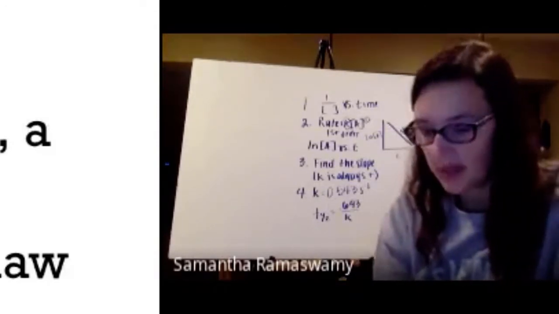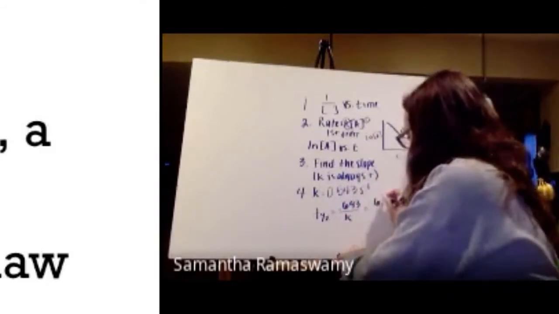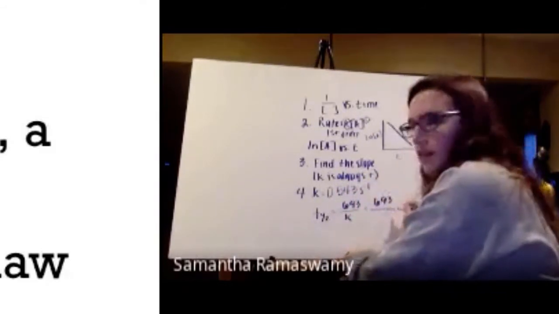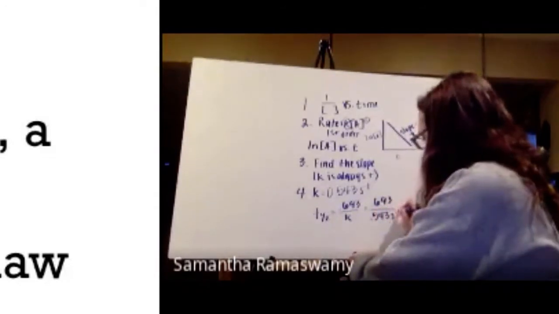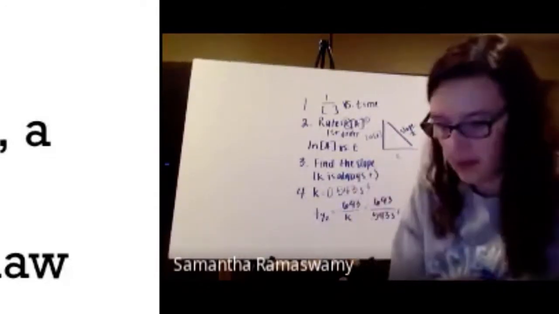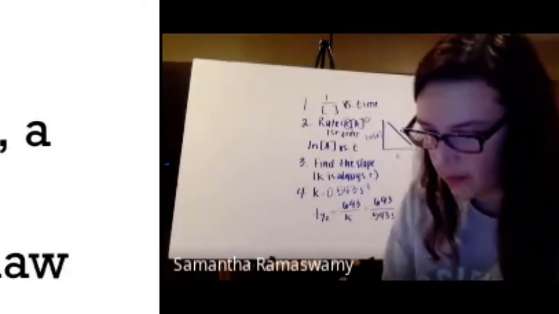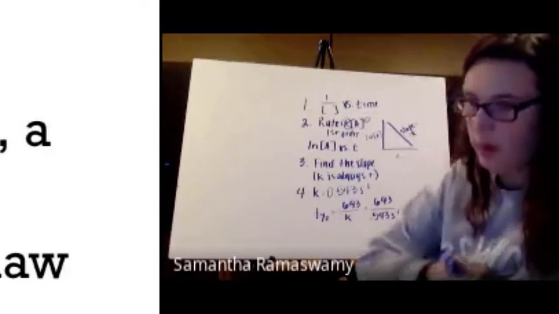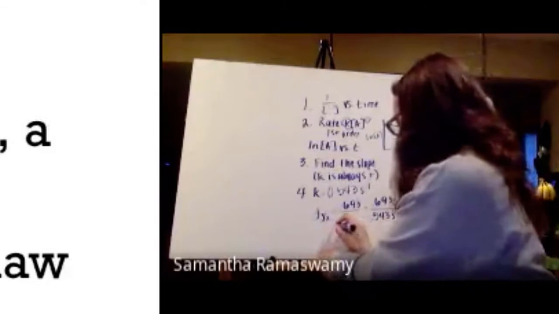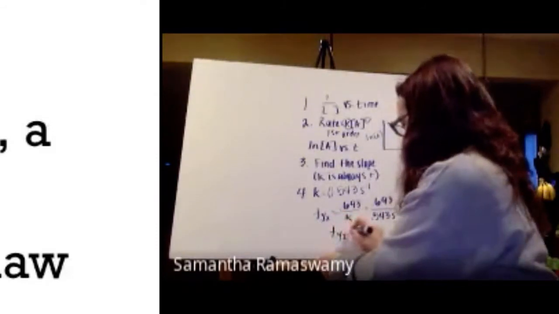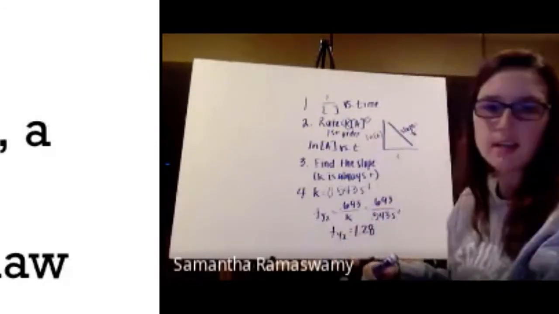So in my calculator, 0.693 divided by 0.543 per second is 1.28. So t 1/2 is 1.28.